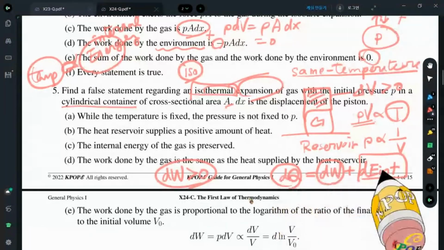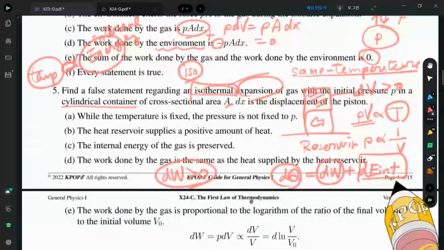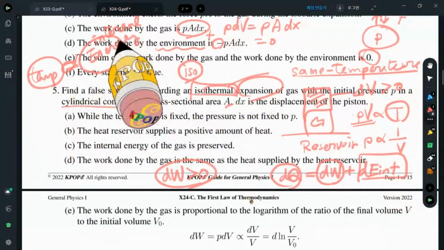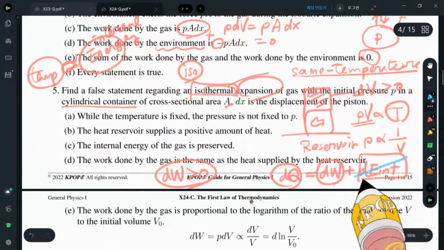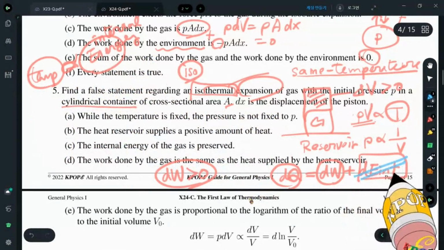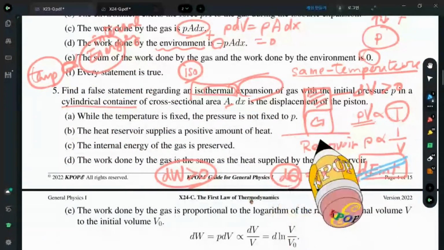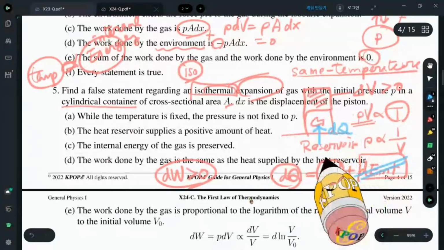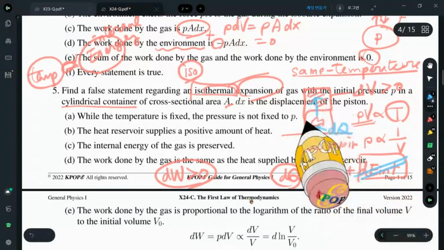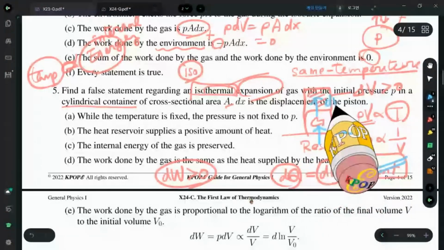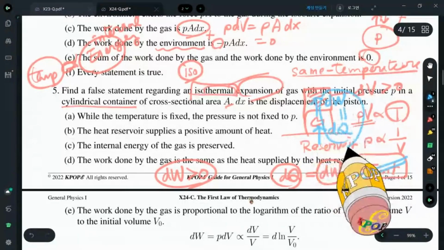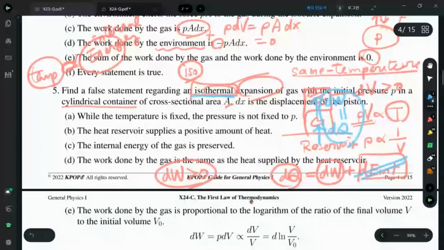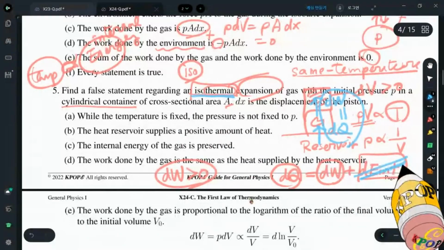This is the first law of thermodynamics. We have a constant temperature. That means energy is conserved. So energy is conserved. There is no change. The heat reservoir gives heat, dQ, and the amount of work done by the gas, dW, they must be the same. Isothermal. Internal energy is invariant.